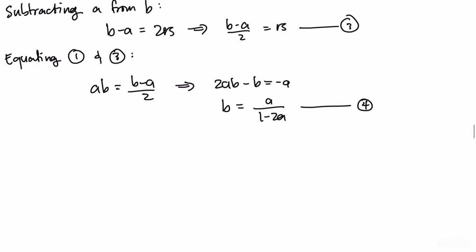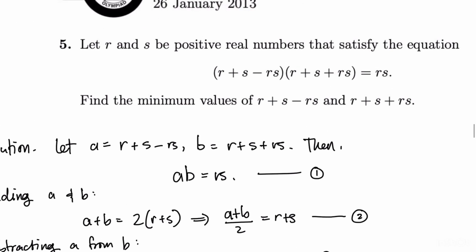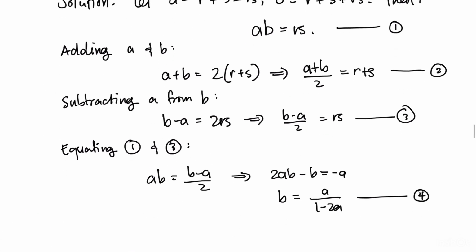Now, in the original problem, it states that R and S must be positive real numbers. So we know that their product is also positive. So this right-hand side is positive. And we know that R plus S plus RS is also positive. Thus, R plus S minus RS must also be positive. So everything's positive, which means A and B are also positive.